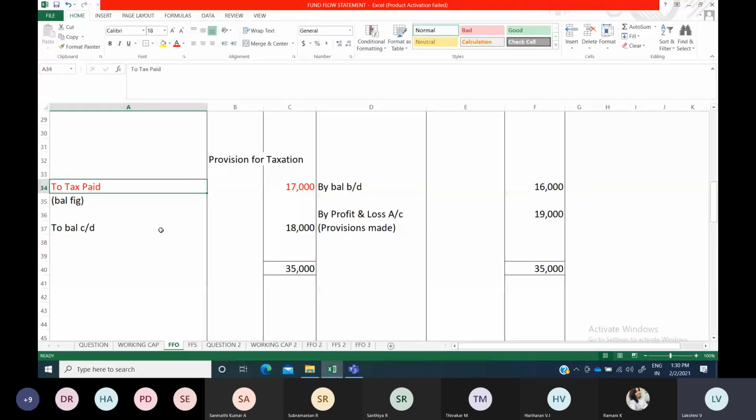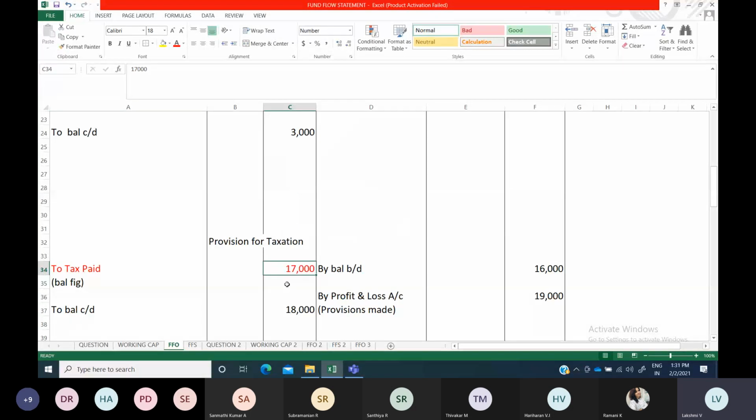Okay, so now if you see, this tax paid amount for whatever year will be brought to the fund flow statement. Whatever payments, as you know already, applications of funds are there in the fund flow statement. While preparing that, you have to take this tax paid amount, 17,000.